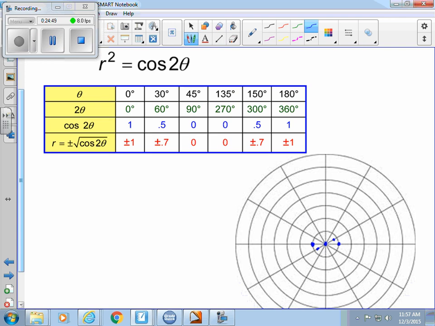So I'm going to try to plug in 90, or something in between. Just imagine. Why? Square root of -1. So is that going to show up on the graph?